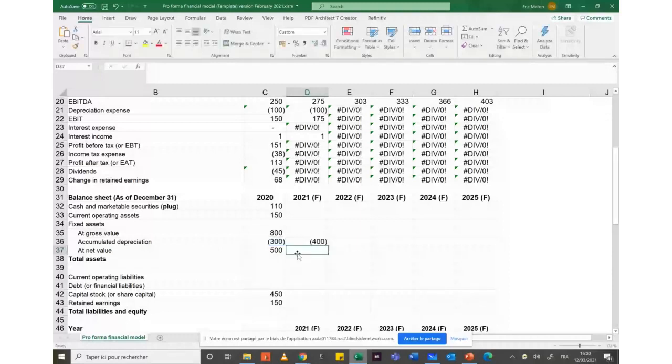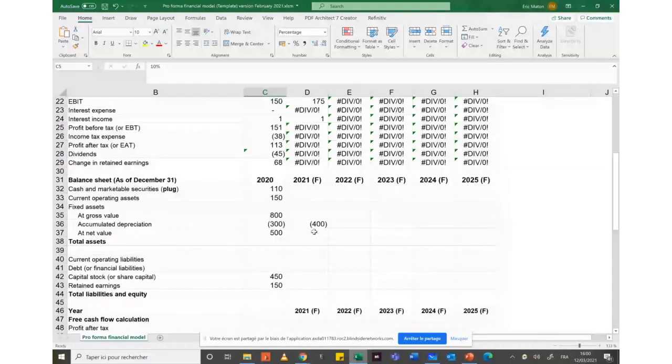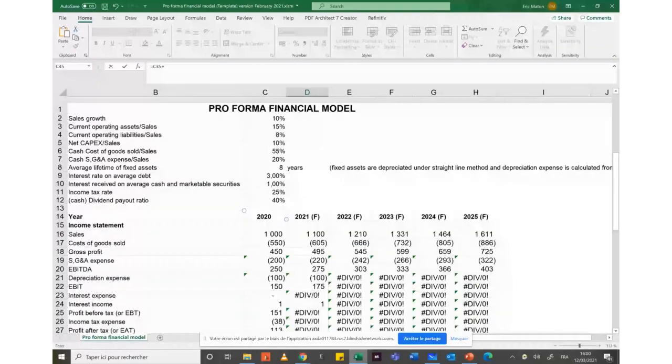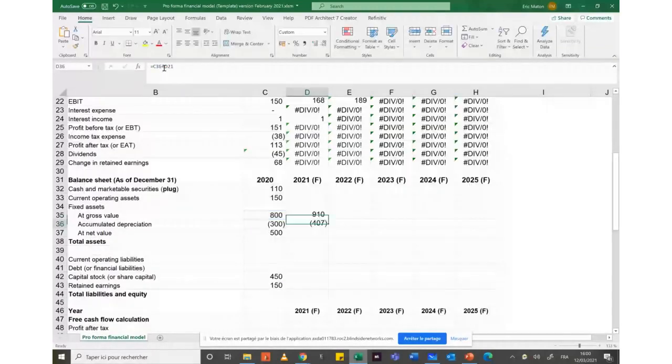We say the net capex is equal to 10% of the sales. So it means we increase the gross value because of the 10% of the sales. So I put dollars. Okay. I keep the same as in this one.